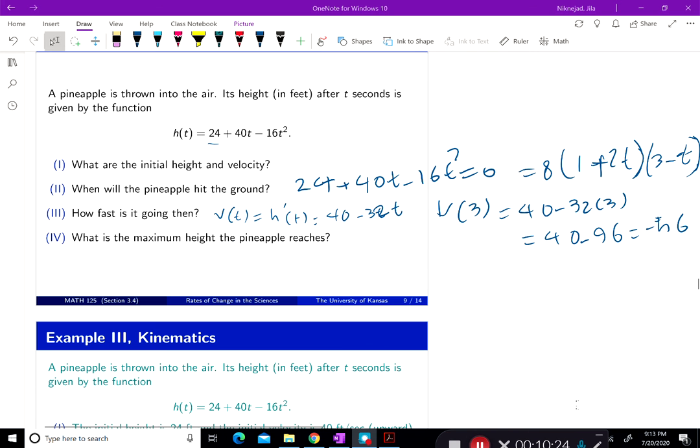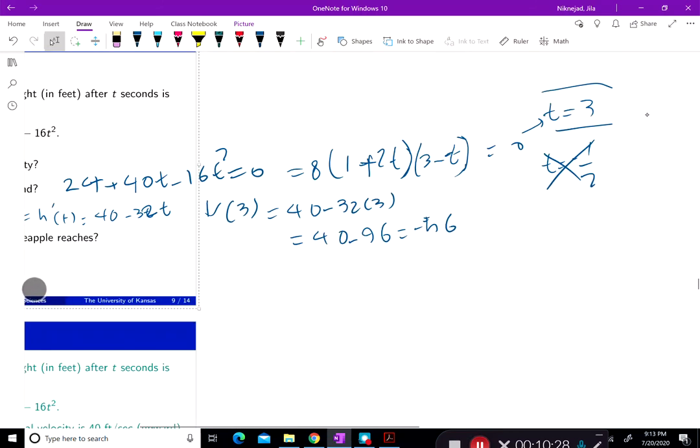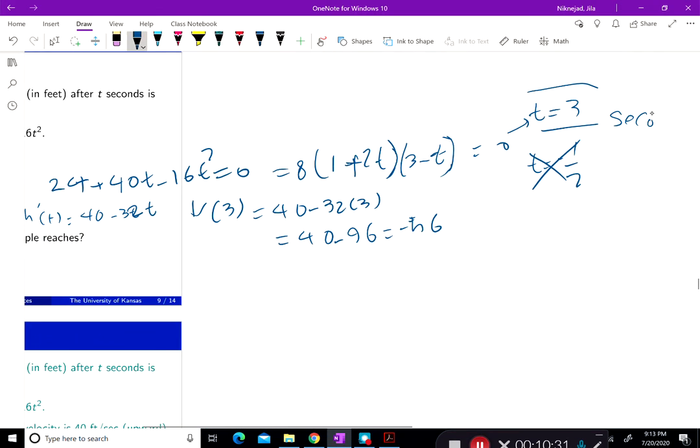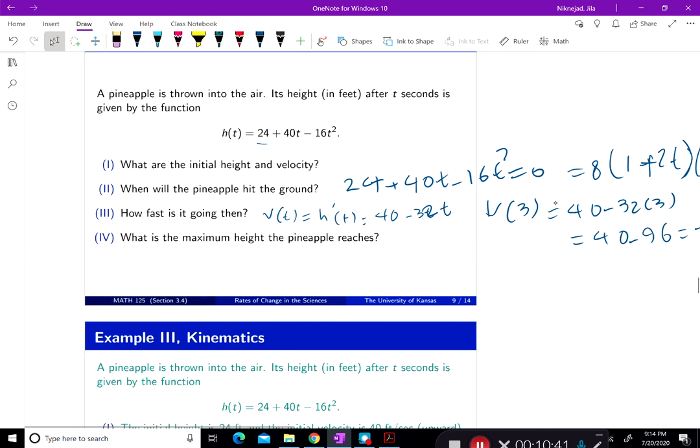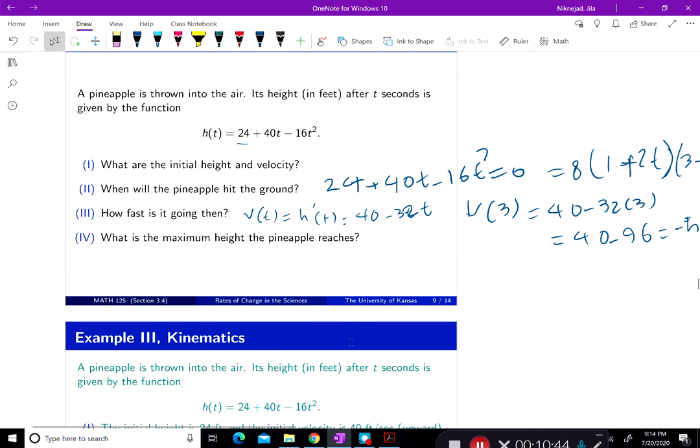So this time was in seconds, and this is going to be in feet per second.